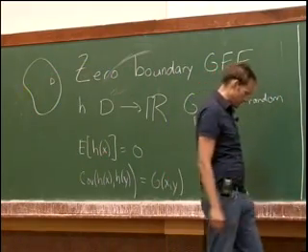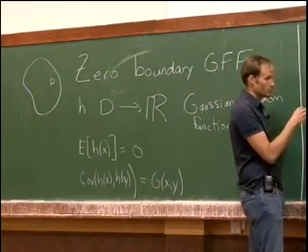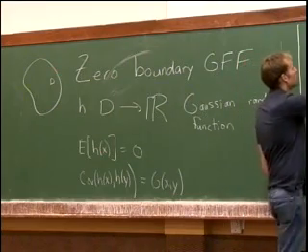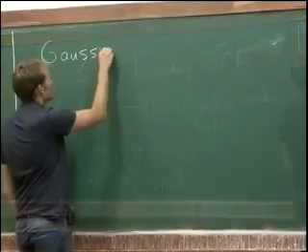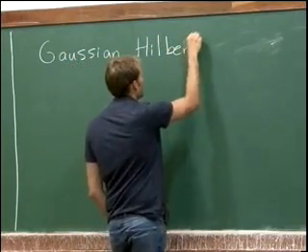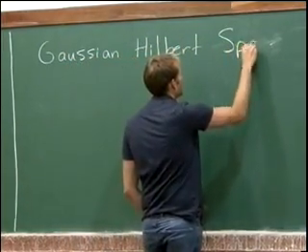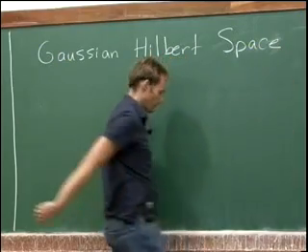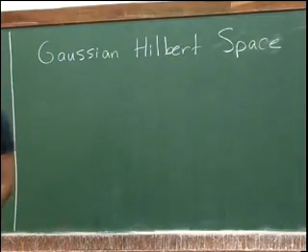But let me briefly mention the Gaussian Hilbert space approach. So this is a little bit more formal. A Gaussian Hilbert space, basically, you start with some Hilbert space, your favorite Hilbert space, like L2 or, I don't know, whatever, even just R^n if you want.